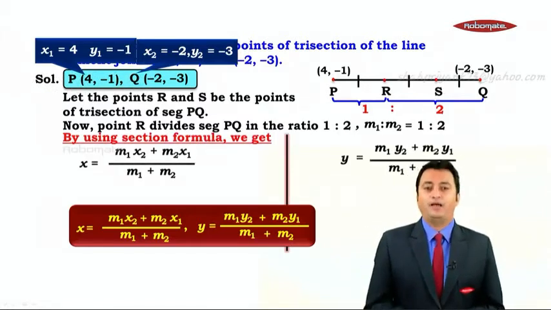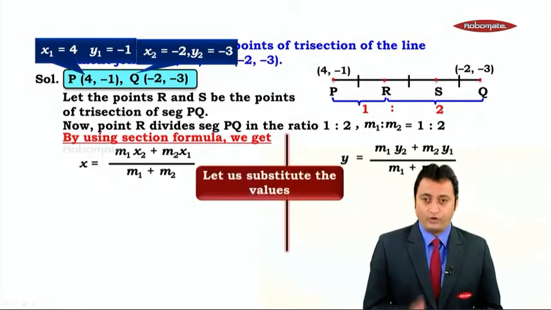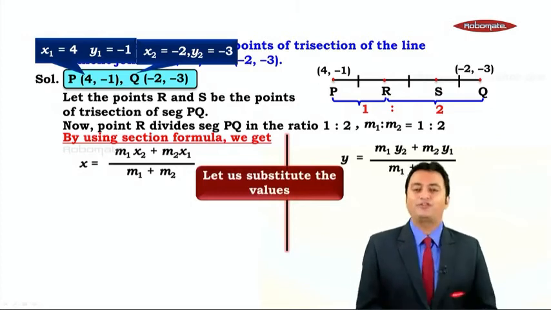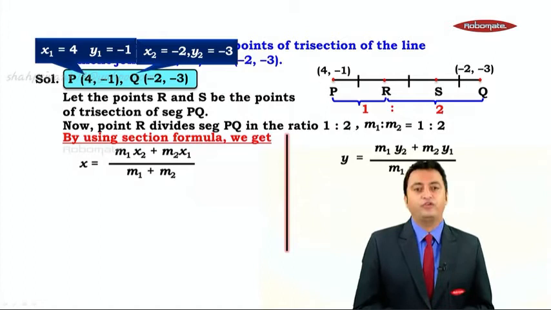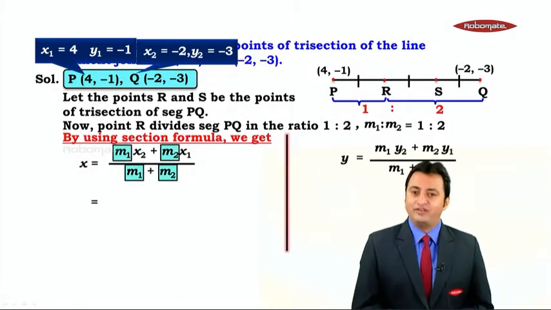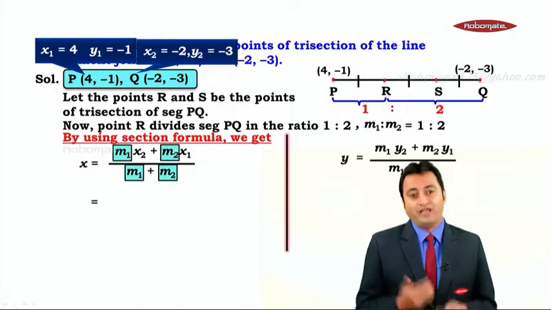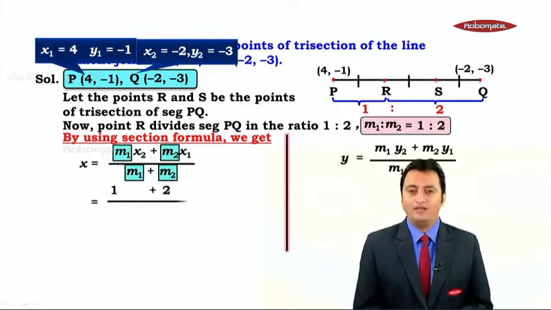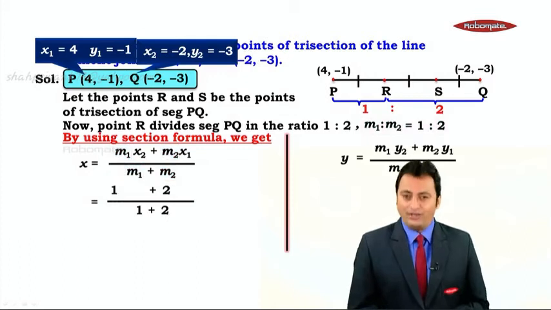After writing the formula, let us substitute the values. x is equal to (m1x2 plus m2x1) upon (m1 plus m2). Do we know the value of x? No. Let us write x as it is. m1 and m2, yes we know it is 1:2 respectively. So we write (1, 2) upon 1 plus 2.